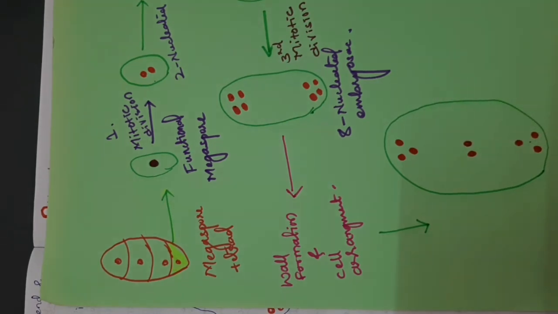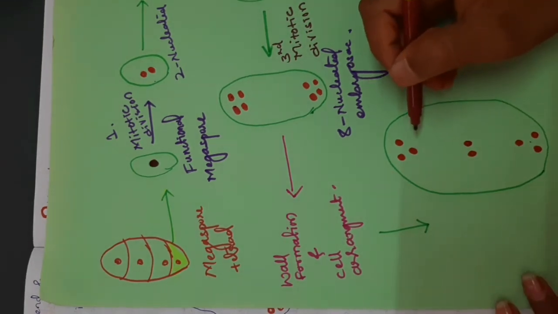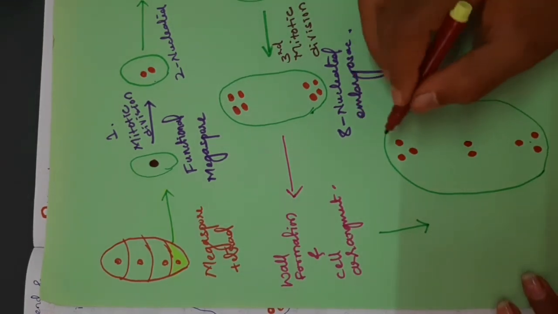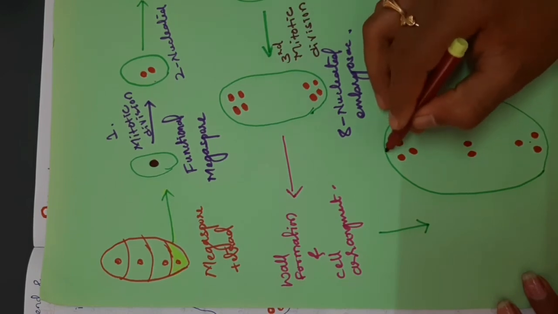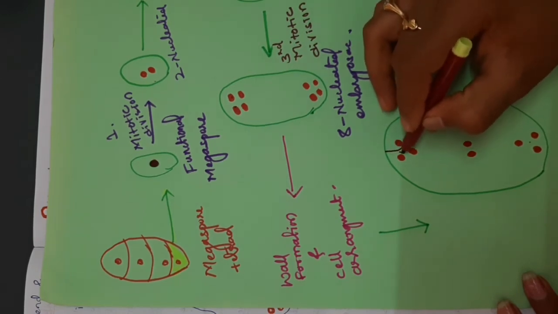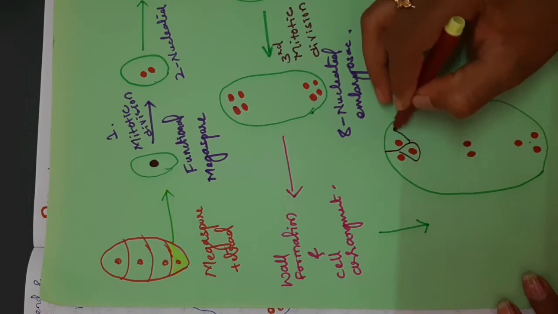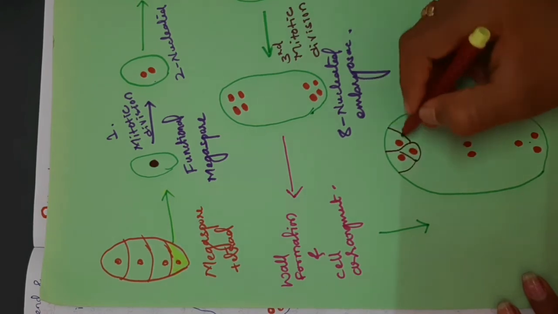The 3 nuclei which are present at the one pole are going to develop to form the antipodal cells.